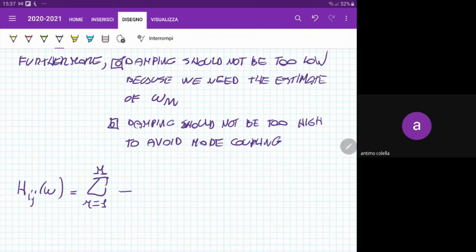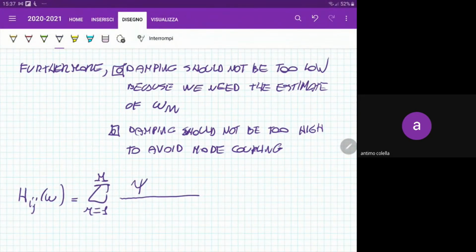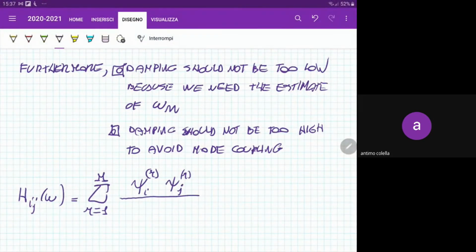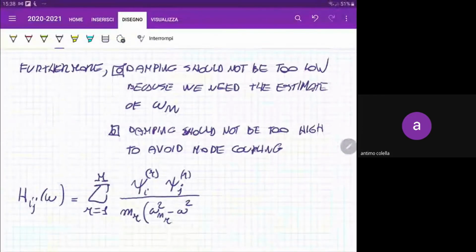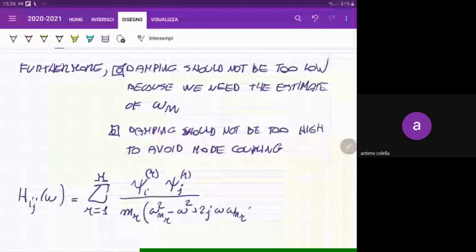The residual term could be explicitly written as psi r mode component i times r mode component j, and then your r mass times, let's introduce, once again, the damping ratio: omega_r squared, r's natural frequency, minus omega squared, plus 2j omega omega_r, and then the damping ratio theta_r.